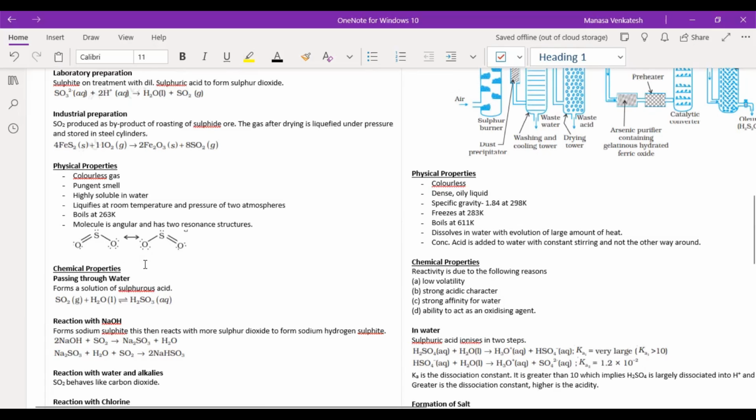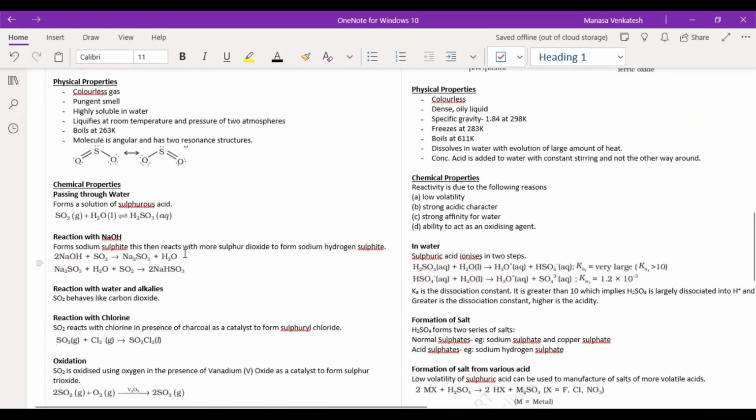It exists as two resonance hybrids, or two resonance structures. When sulfur dioxide is passed through water, it leads to the formation of sulfurous acid, that is H2SO3, not sulfuric acid, sulfurous acid.